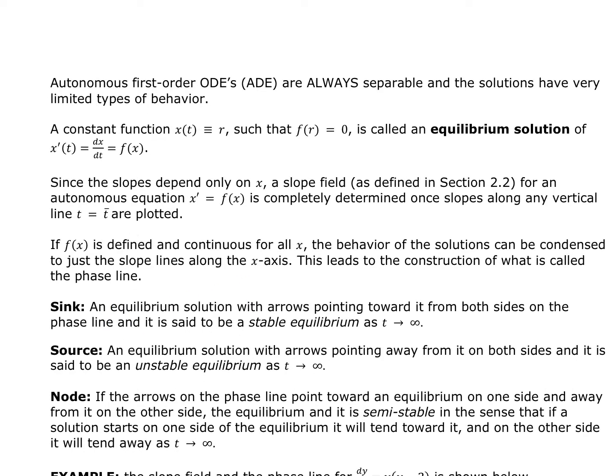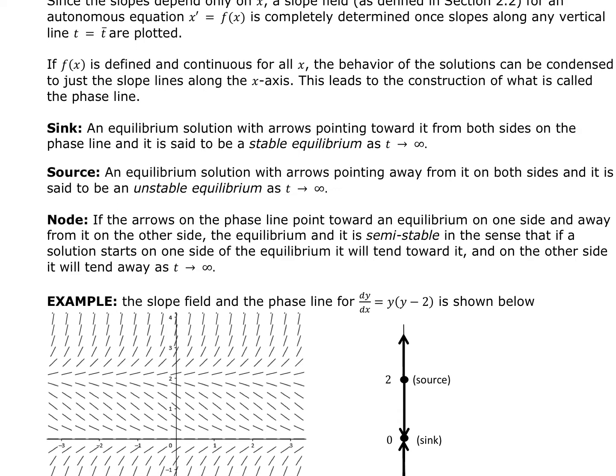When we're looking at phase lines, we find that we have sink, source, and node. A sink is when my slope field, on only my vertical axis, is pointing toward the point from both sides. It's a source if they're pointing away from both sides.